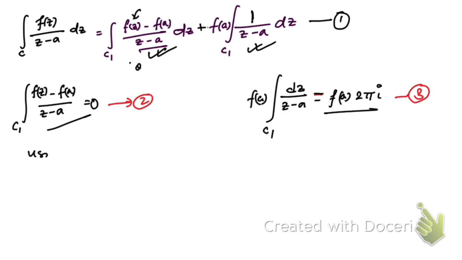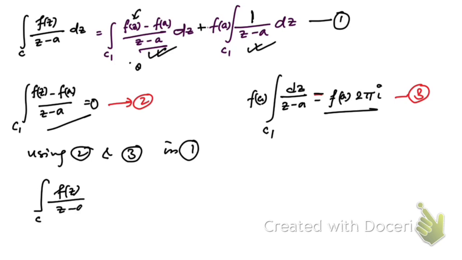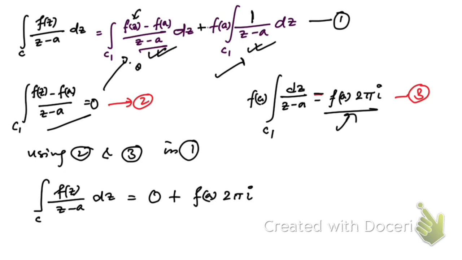So using equation numbers 2 and 3 in equation number 1, we are going to have the integral along c of f of z by z minus a dz equal to 0, since this becomes 0, plus f of a times 2 pi i. So 0 into anything is 0, plus this is simply this.